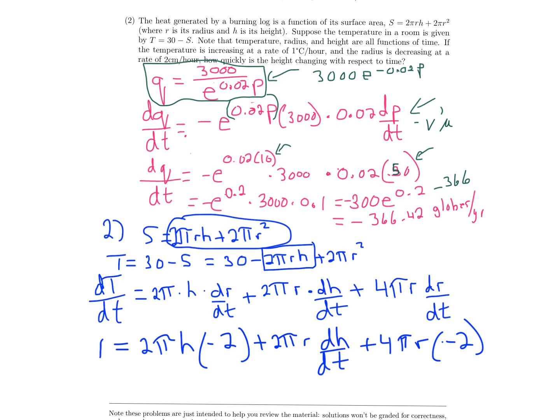Okay, this one's just got me a little confused because we can go so far, but we can't solve it because we're missing too many variables here. We can solve for dh/dt in terms of the other variables, but we can't actually get the dh/dt value unless I'm missing something here.